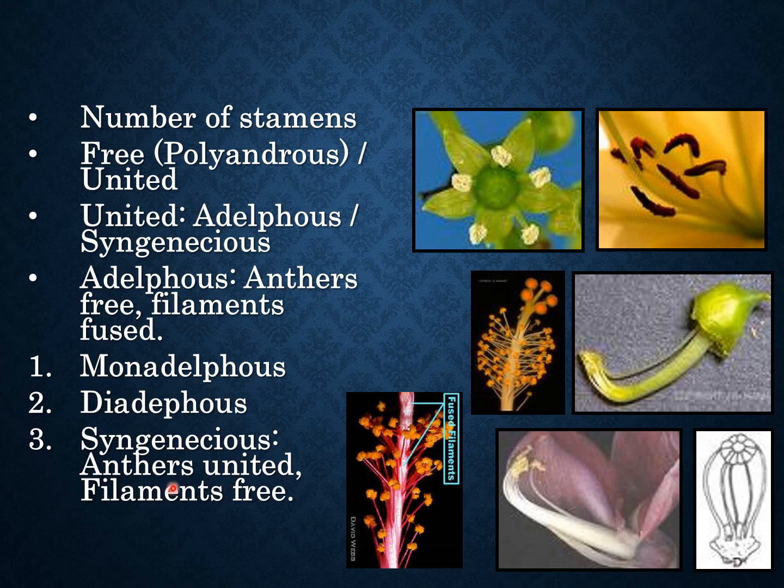Diadelphous means when stamens are present in 2 bundles, like in Papilionaceae family. Monoadelphous is the characteristic feature of family Malvaceae, and syngenesious means anthers united, filaments are free. Syngenesious is the condition when the anthers are united from the above part of the flower and the filaments are free.